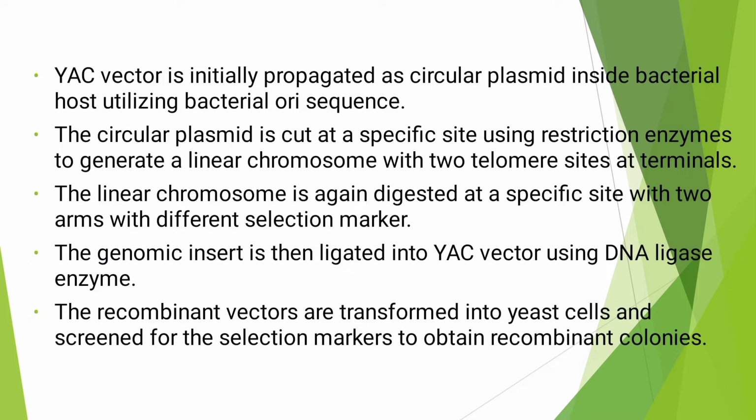When both enzymes work, they produce a linear chromosome that has two telomere sites at both terminals. Now this linear chromosome is again digested at a specific site, giving two arms with different selection markers, and it produces sticky ends that help genomic DNA to be ligated into it using DNA ligase enzyme.